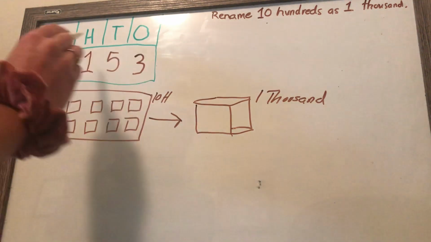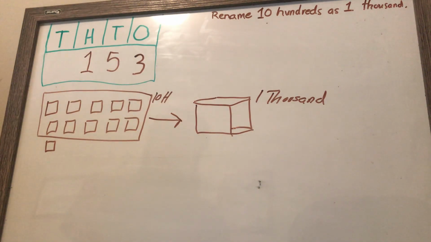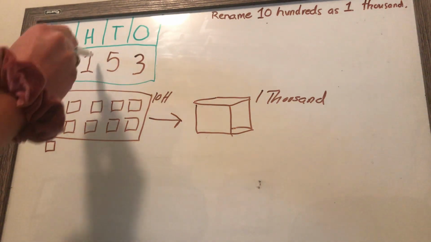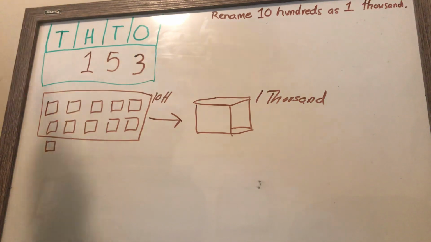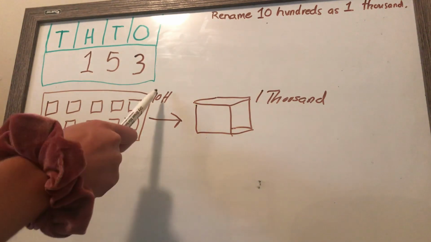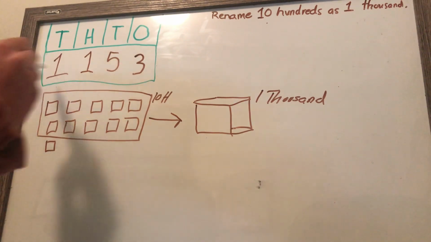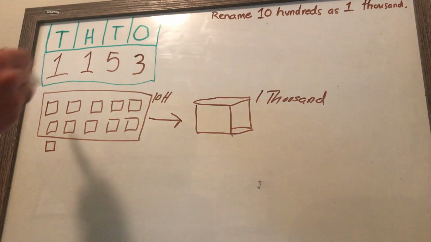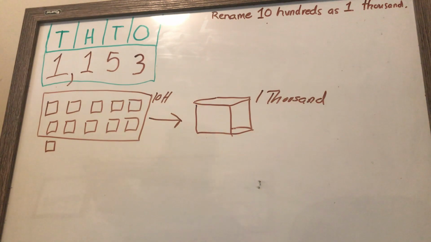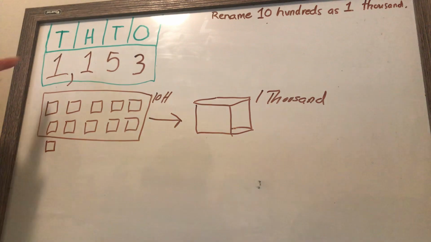Now, what did we put for our thousands now? We took a 10 away and we're giving it to the thousands. So 10 hundreds is equal to 1,000. 1,000 goes in our thousand spot. So our number is 1,153.